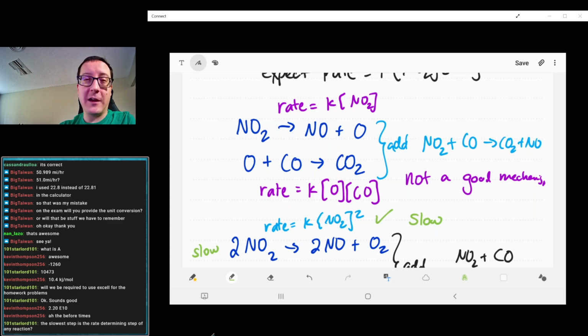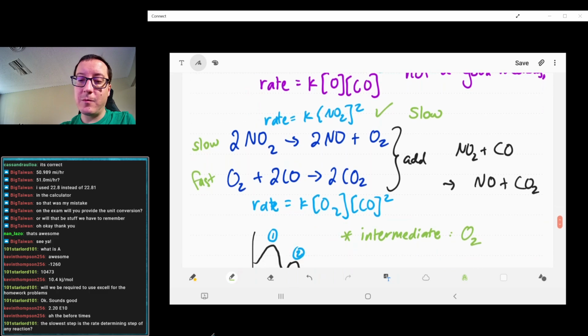That's probably not happening here because our rate evidence doesn't agree with that. However, we do have a mechanism that could be possible that would agree with our kinetics data, that suggests that our intermediate is actually O2 and not just a singular oxygen atom.